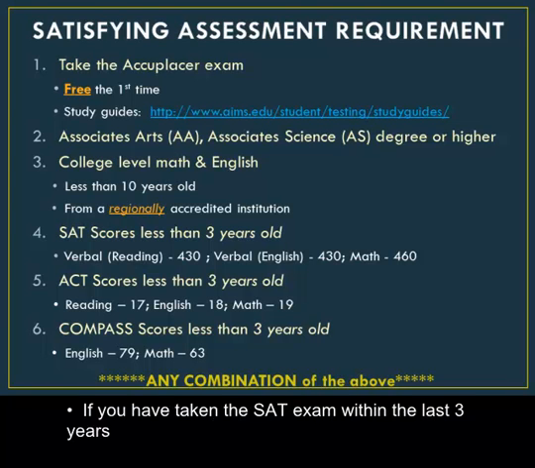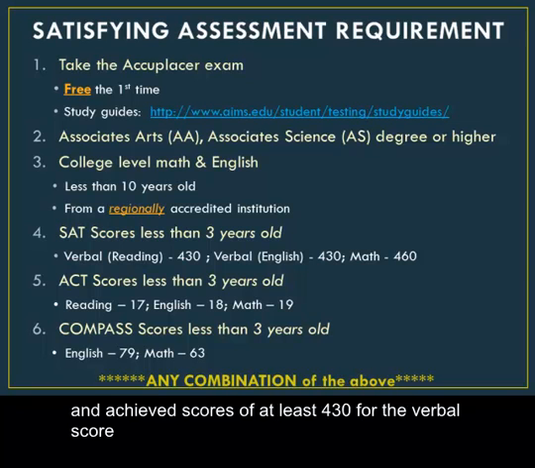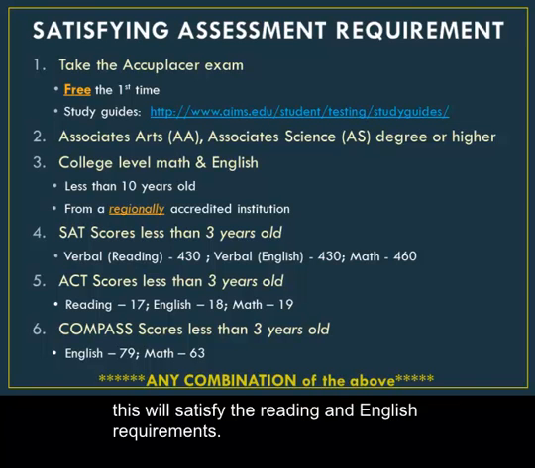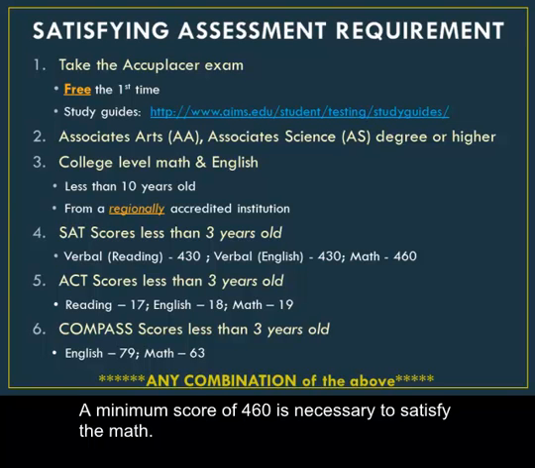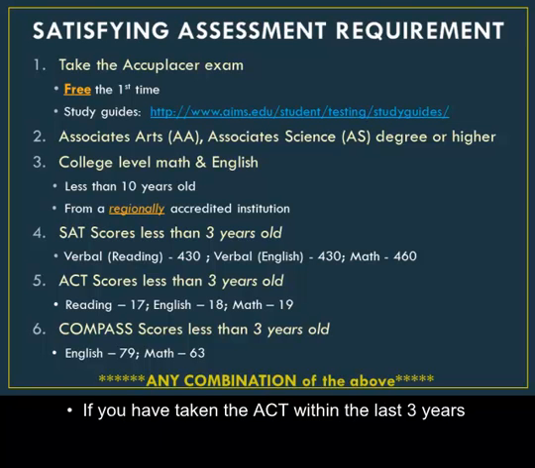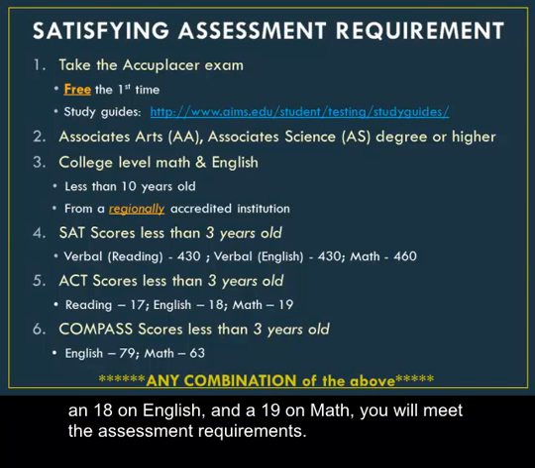If you have taken the SAT exam within the last 3 years and achieved scores of at least 430 for the verbal score, this will satisfy the reading and English requirements. A minimum score of 460 is necessary to satisfy the math. If you have taken the ACT within the last 3 years and scored at least a 17 on reading, an 18 on English, and a 19 on math, you will meet the assessment requirements.